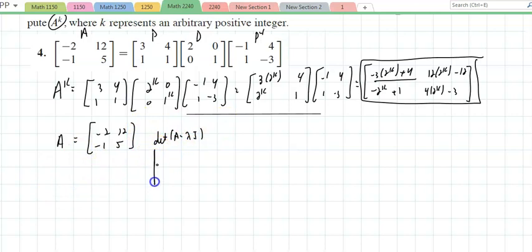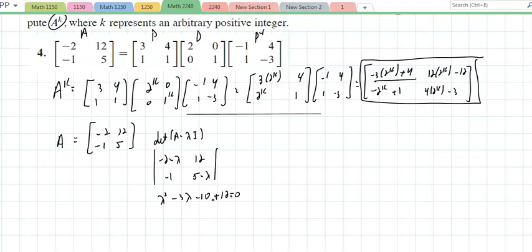That would be negative 2 minus lambda, 12, and negative 1, 5 minus lambda. And if I do the product, that will be lambda squared minus 7 lambda, no, not minus, I missed that. That will be lambda squared minus 3 lambda minus 10 minus a negative 12 is plus 12 equal to 0, right?